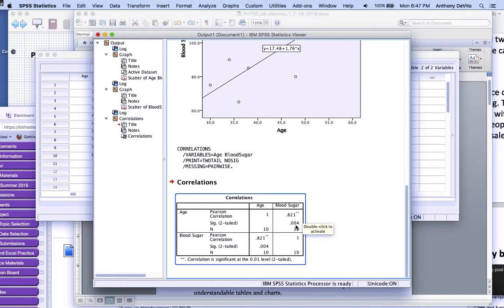It's equal to 0.004. What does that suggest to you? Does it suggest that the correlation is due to chance or that there's a real correlation? It suggests there's a real correlation. How would we express that as a hypothesis test? Well, let's think about that. A correlation of 0 means that there's no association, right?